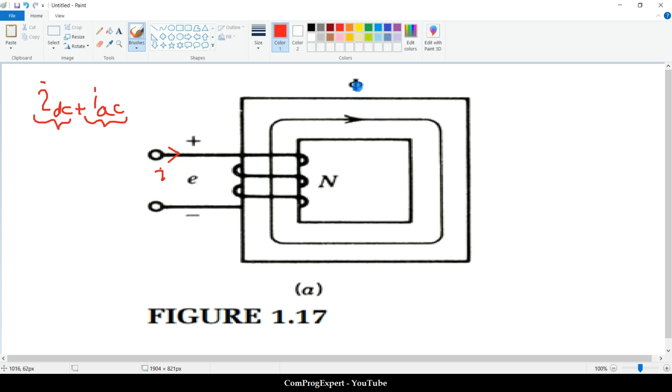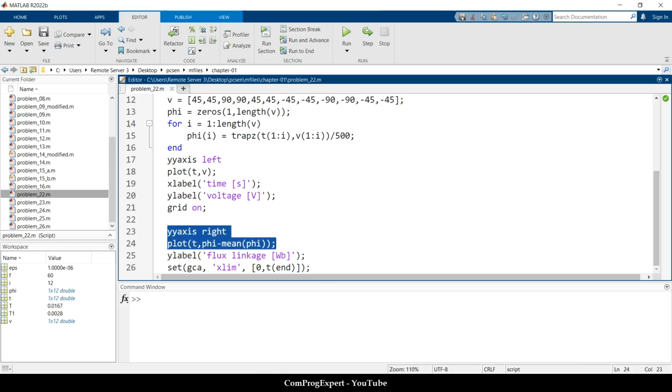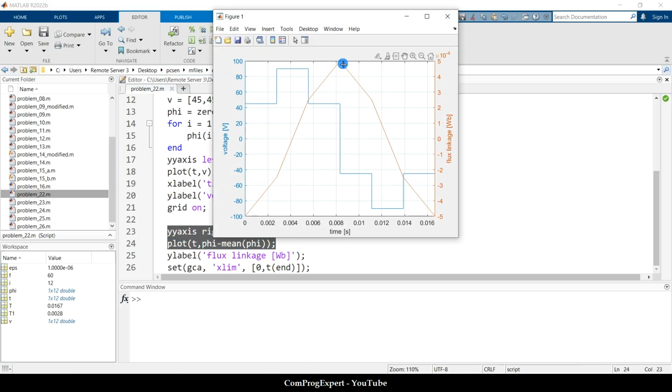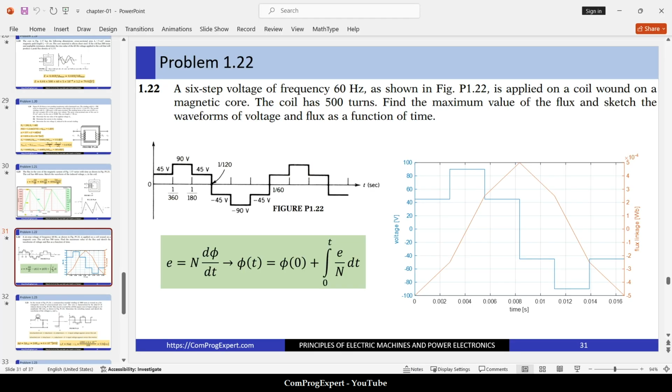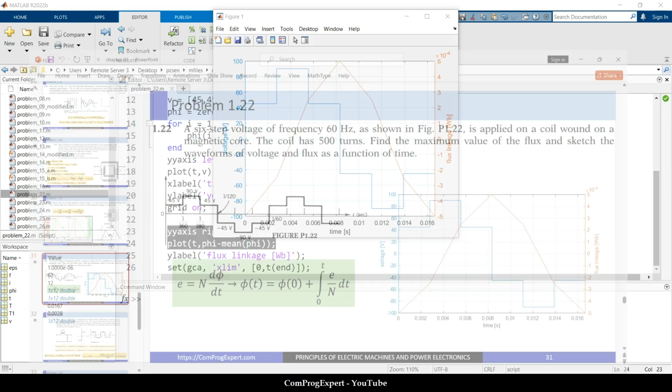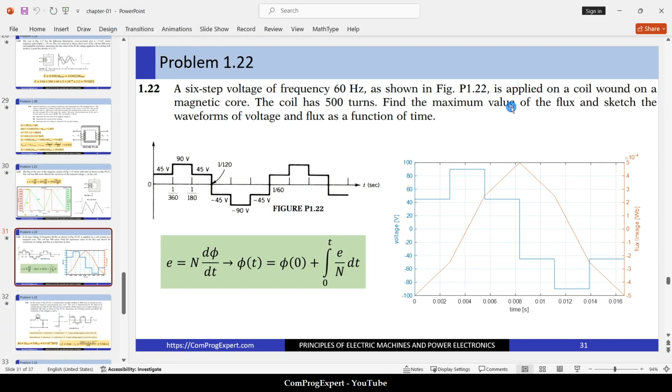The derivative of the DC flux linkage is 0, so the EMF for that is 0. We generated this graph considering that we don't have any DC bias in the coil current. So in this case, the maximum is 0.5 milliweber and the minimum is negative 0.5 milliweber.